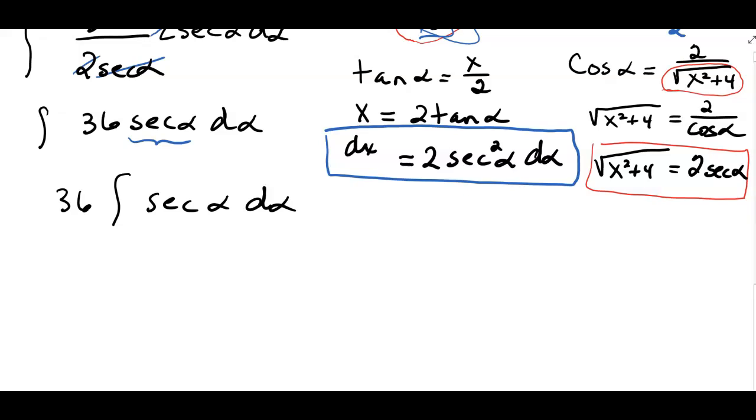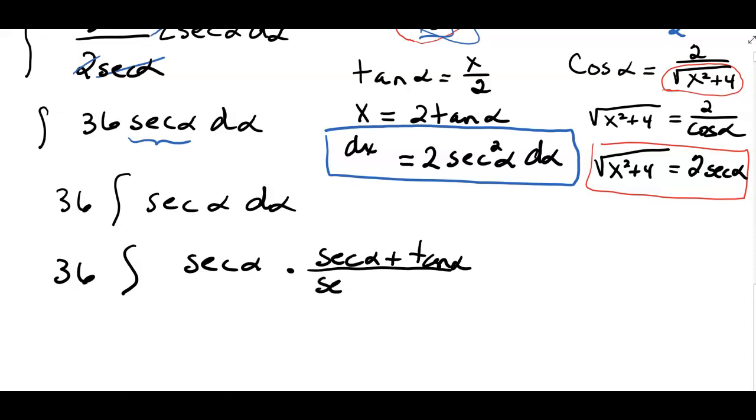And we did it by taking secant and saying, this was a kind of a crazy one, because in order for it to work, we had to multiply by secant alpha plus tan alpha over secant alpha plus tan alpha. Because what we're really doing is multiplying by 1.